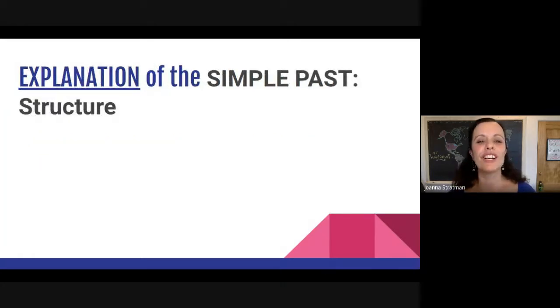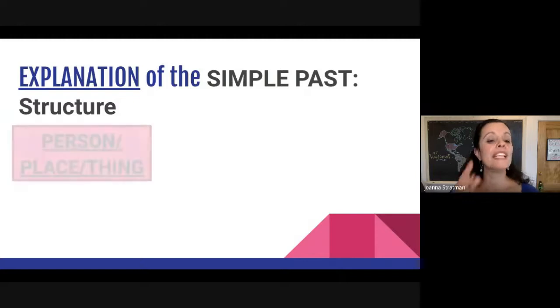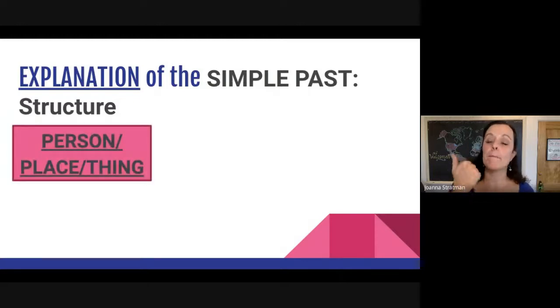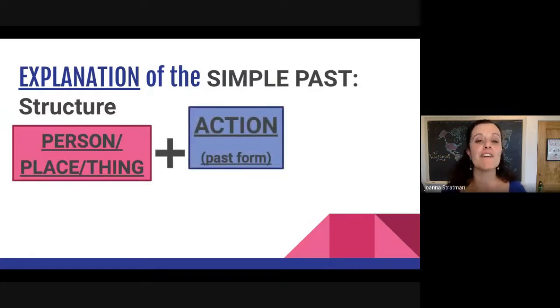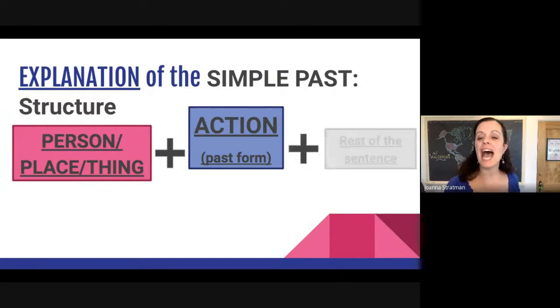Let's look at the structure of the simple past. In a yes sentence, we start with a person, place, or thing. Then we have the action or the verb in the past form. And then we have the rest of the sentence.